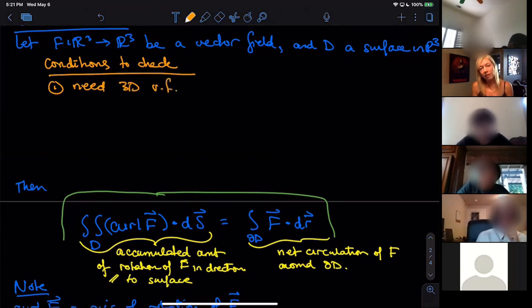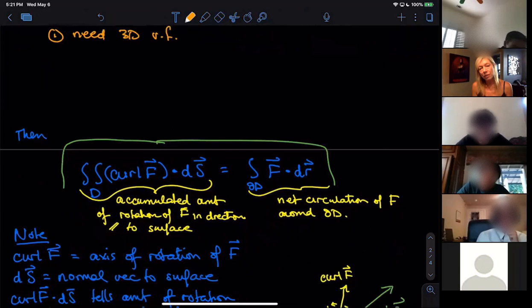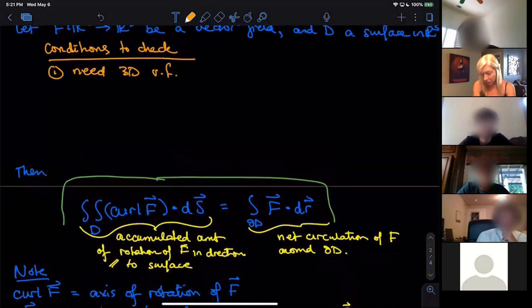For a two-dimensional vector field, you can do the same thing, but I won't be able to tell you today, but it turns out the two-dimensional version of Stokes' theorem is just Green's theorem. So Stokes' theorem is a generalization of Green's theorem to 3 dimensions. If you're in 2D, you just use Green's theorem. Okay, so you have to have a 3-dimensional vector field. That's required.